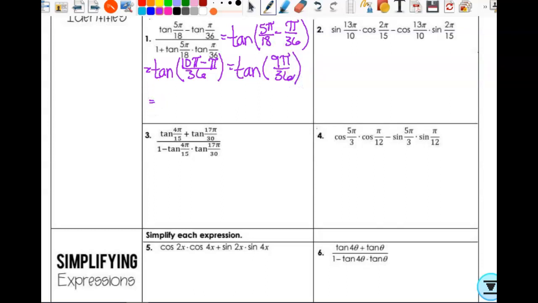And what is 9 pi over 36 reduced to? Pi fourths. Good. And then what is the tangent of pi fourths? 1. So all that nonsense that was given to us, the answer is just 1, but without actually subtracting those angles and doing that, those aren't values that we would know.